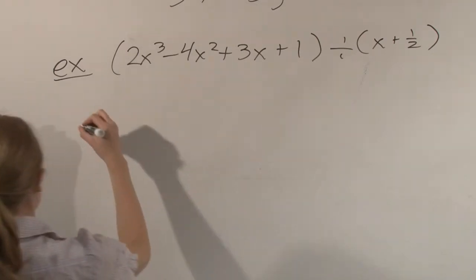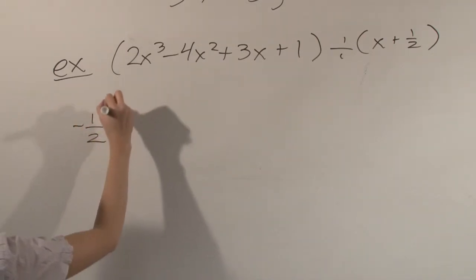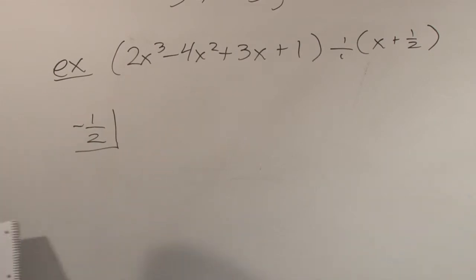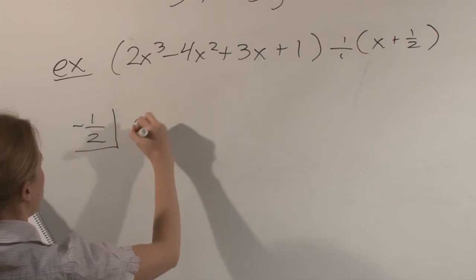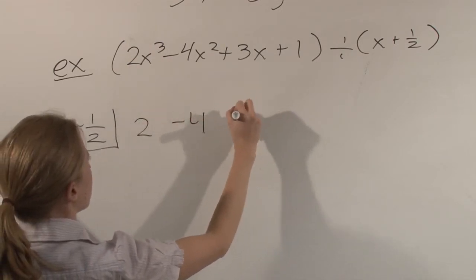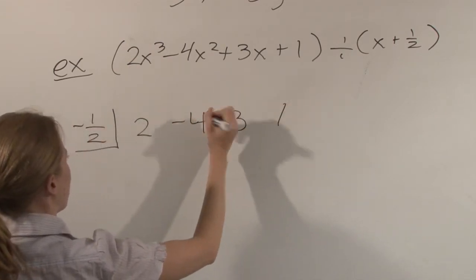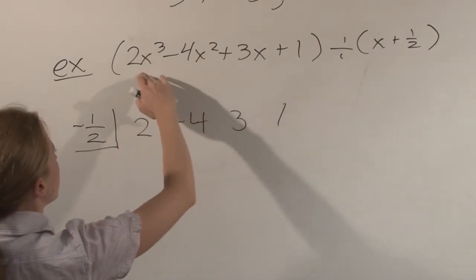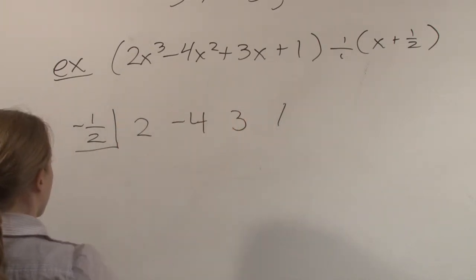That means that in my little box up here, I'm going to have a negative 1/2 because it was positive over there. Then I'm going to bring down that 2, negative 4, 3, 1. This time I don't have to add any zeros because every possible x power is accounted for.